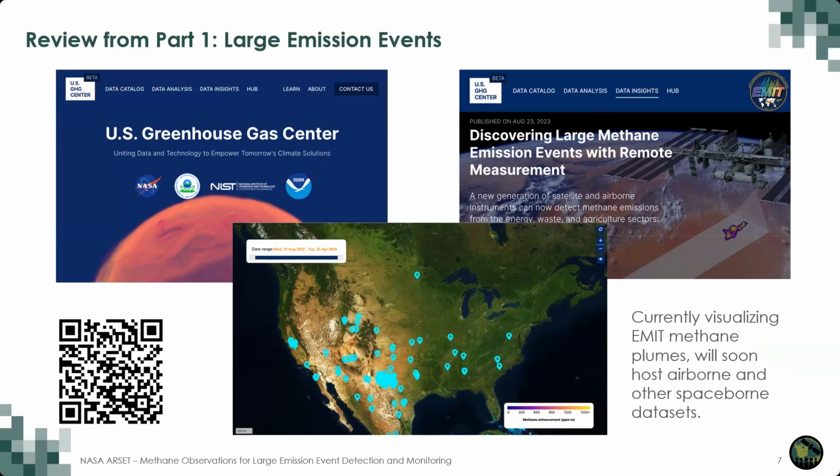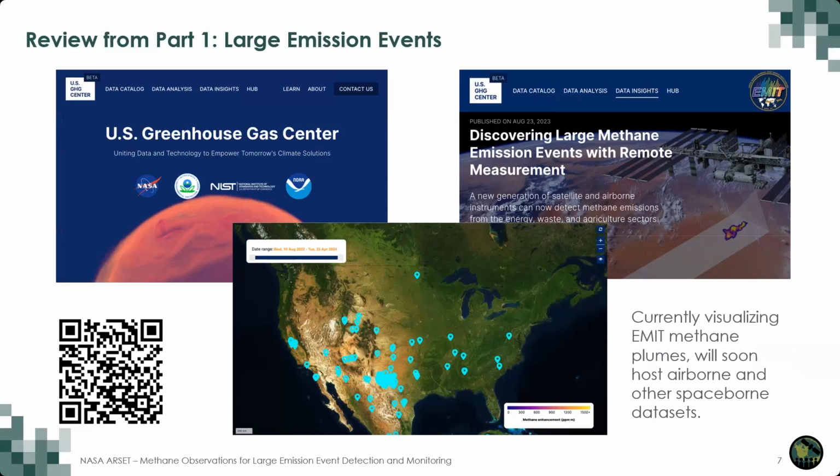We learned about satellite observations of methane and how point source imagers, like the EMIT sensor, can detect methane point sources, which are emissions of methane from a distinct location on the ground, and that these emissions can come from different emission sectors, such as oil and gas, landfills, and agricultural activities.